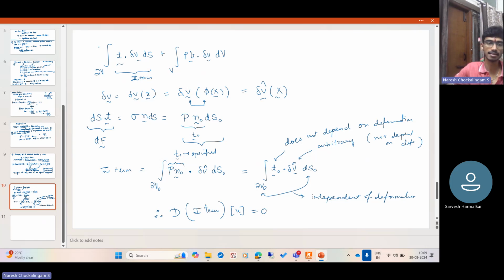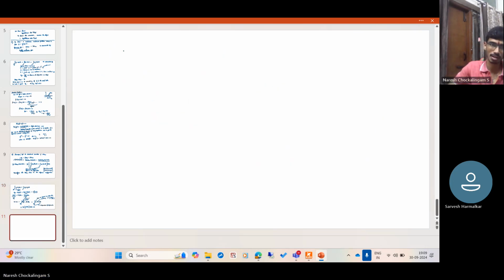So similarly, the second term is rho b dot delta v dv. You take the directional derivative of this in the direction u. Pull everything back to the reference because this volume is dependent on the deformation. So let me take it back to the reference.